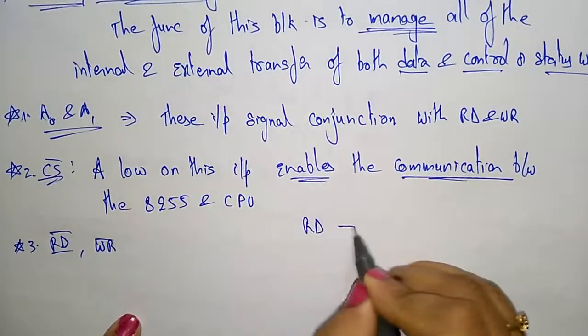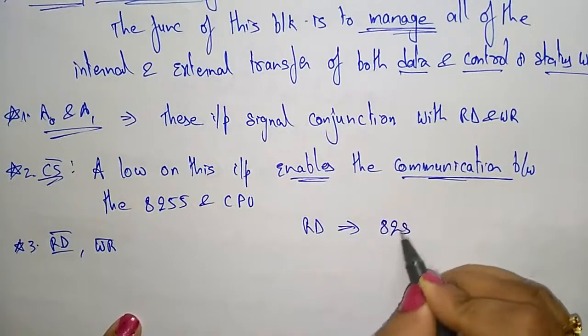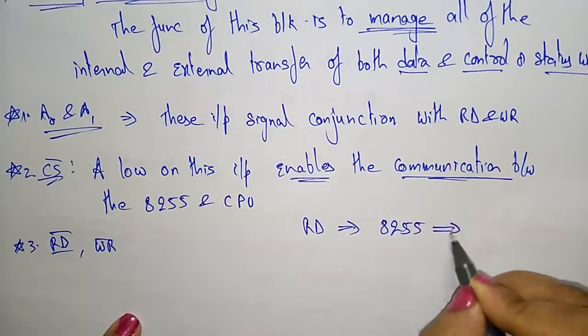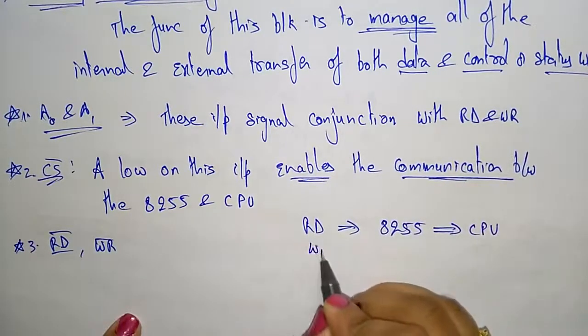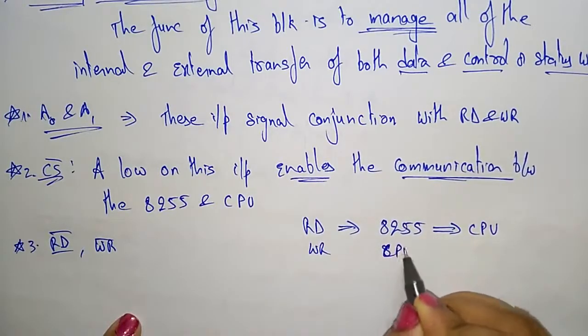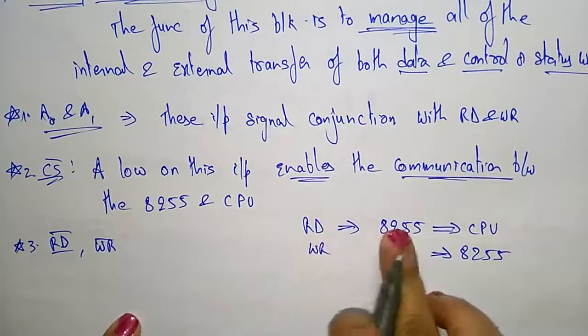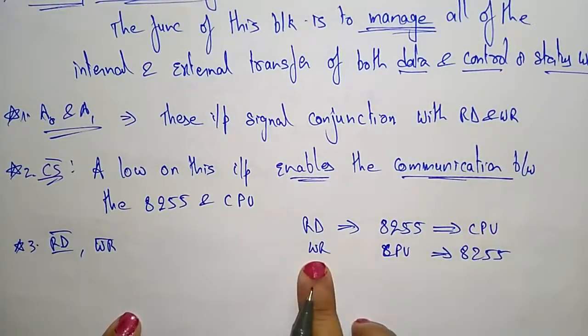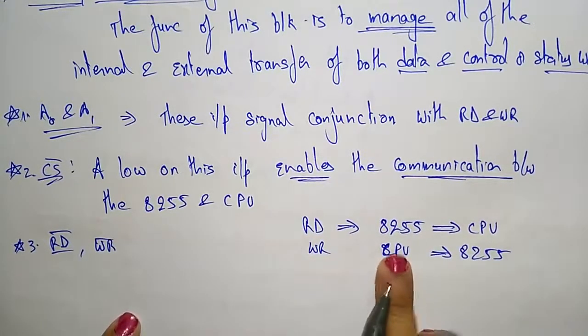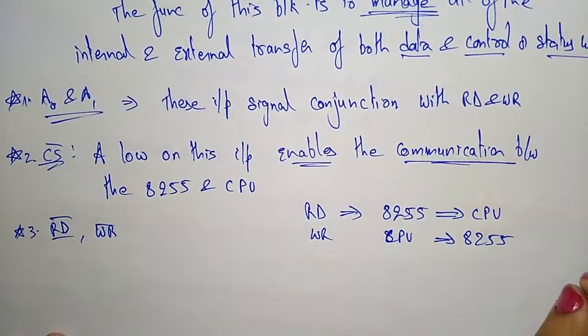So read is 8255 to CPU, and write is CPU to 8255. We are reading the data from 8255 to CPU, and in write the data is written to the 8255.